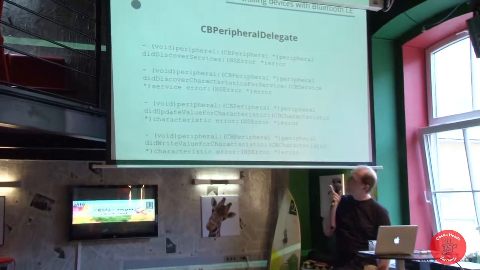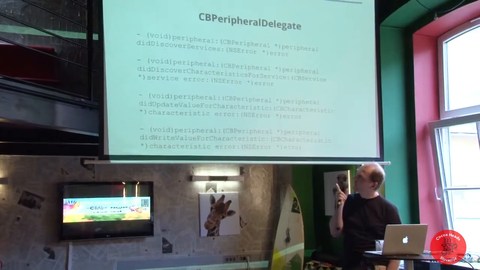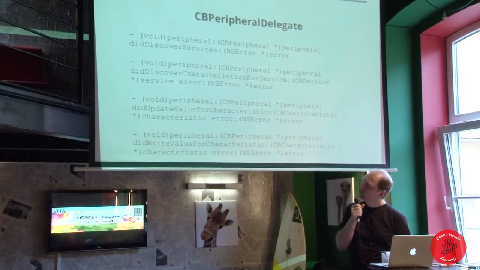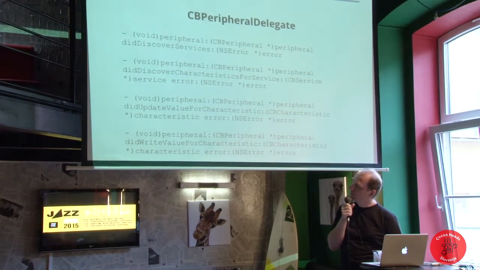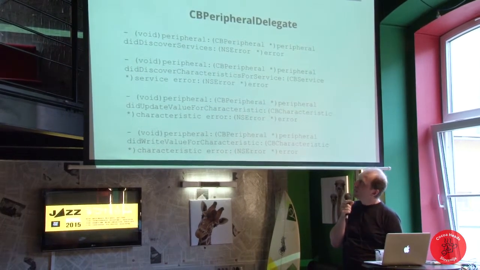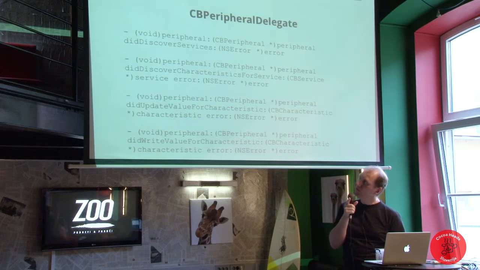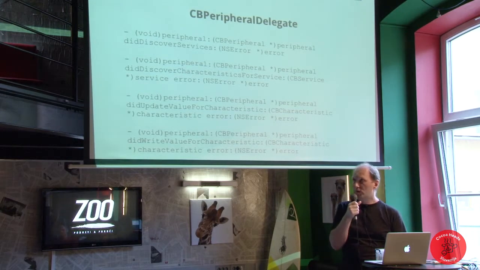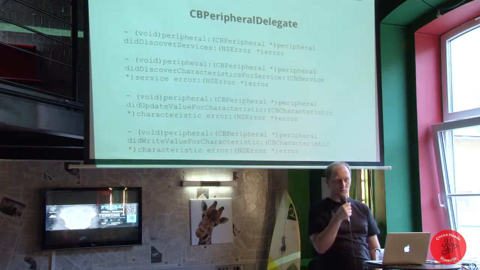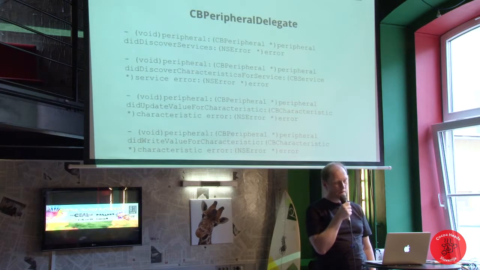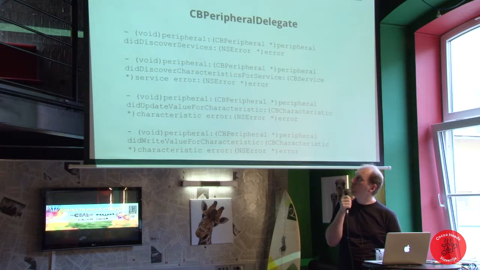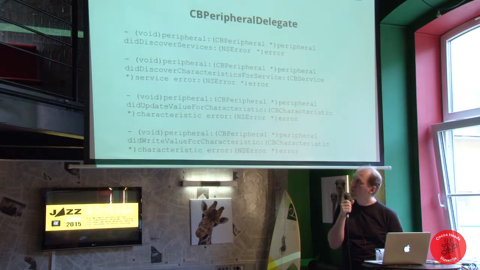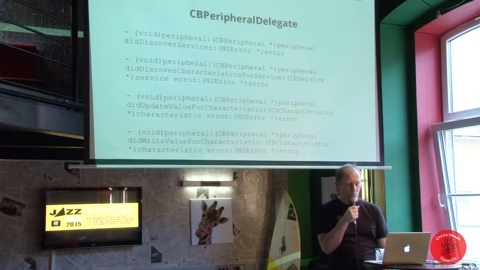The bottom two are actually for communicating. The last one enables you to send something to the device, and the one before enables you either to read from the device, or to subscribe to notifications from the peripheral, and every time the value changes, the peripheral would notify you that there's a new value available for you.